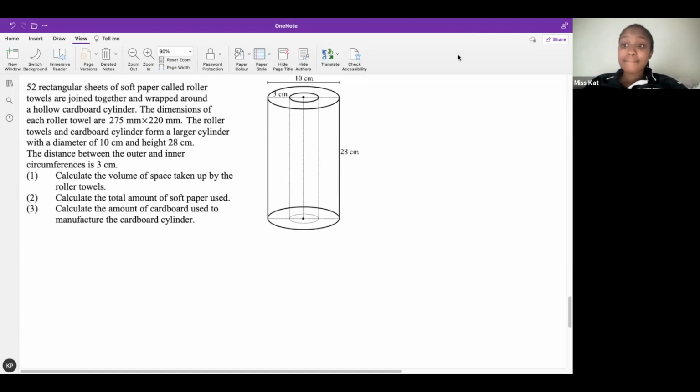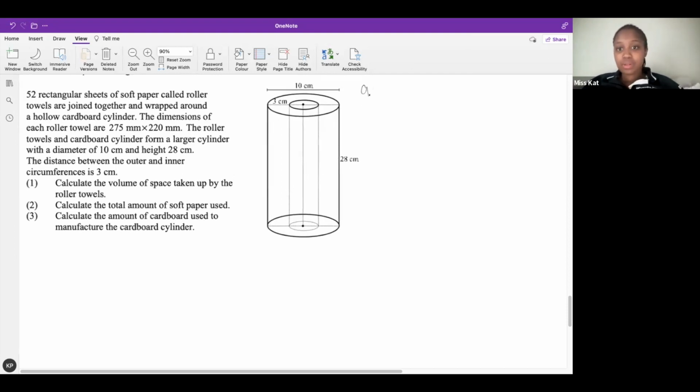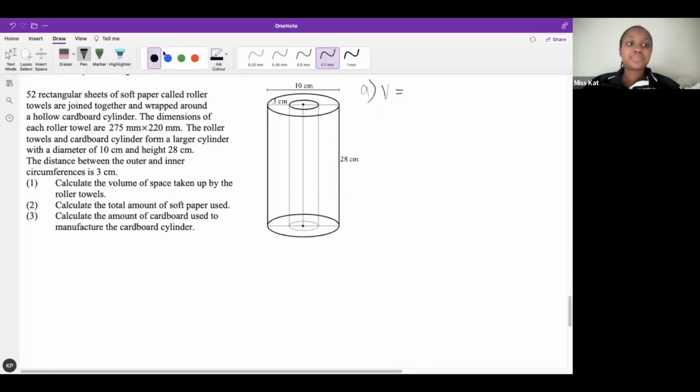Okay, so first, we work out the bigger one, and then we need a radius for it because we're working out the area of a circle, which is 5. There we go. So then volume is?